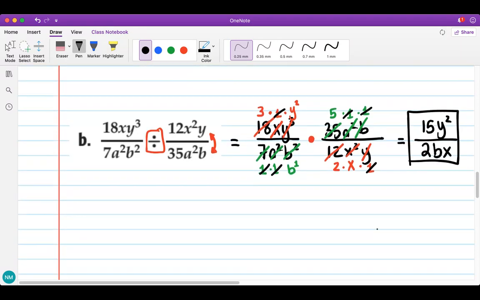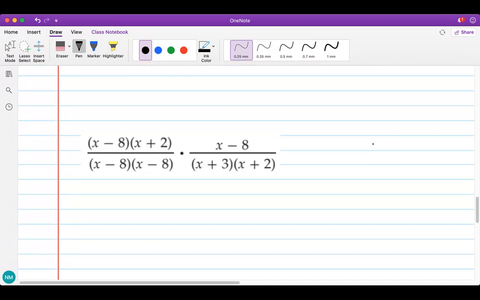All right, let's talk about what happens when we have factors. Arguably easier. So important here is that you have to cross simplify any common factors. Notice you can pick one of these to simplify with each of these. Now, if there happened to be, let's say, this did not exist. Let's say this was not in the problem to begin with.